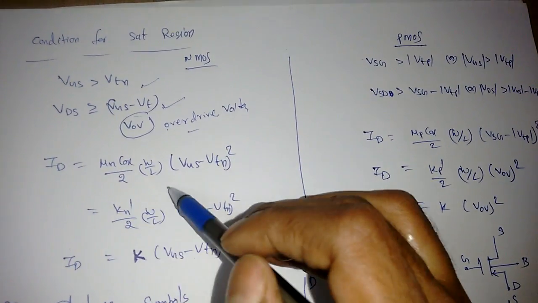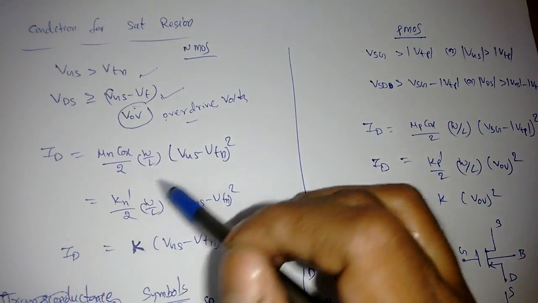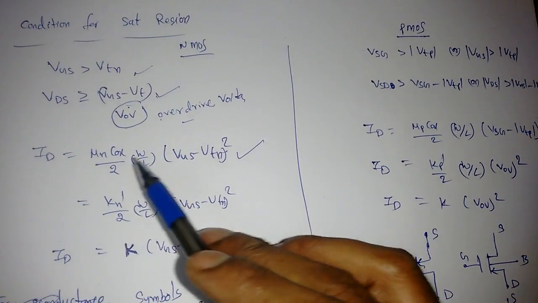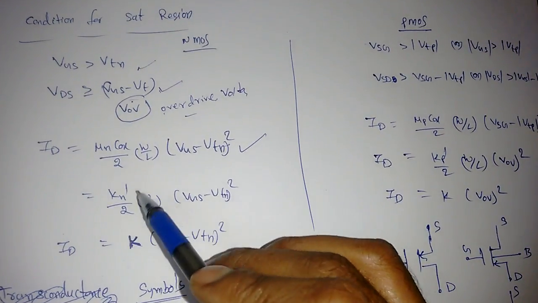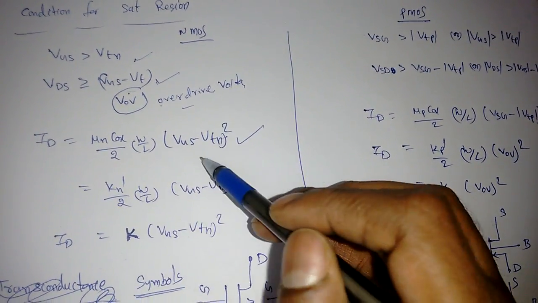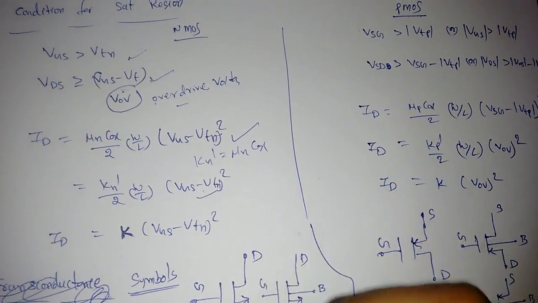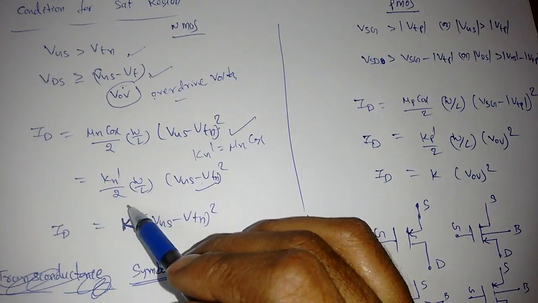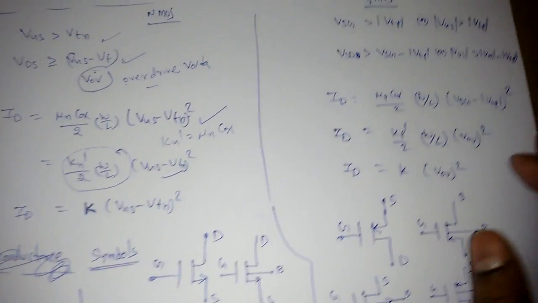Now ID, whenever VDS is equal to VGS minus VT, from the previous expression we will get this expression, that is mu_n Cox by 2 W by L into VGS minus VTN whole square. Generally we can have the other notation as Kn dash by 2, where Kn dash is nothing but mu_n into Cox, times VOV whole square. In some cases we can replace this total term by K also.